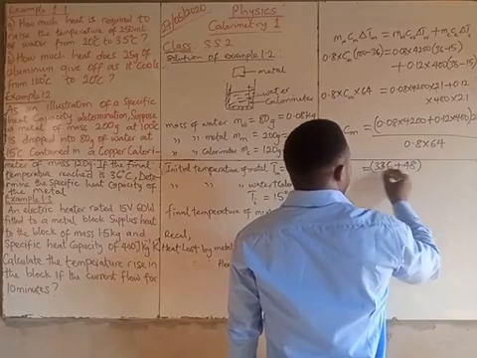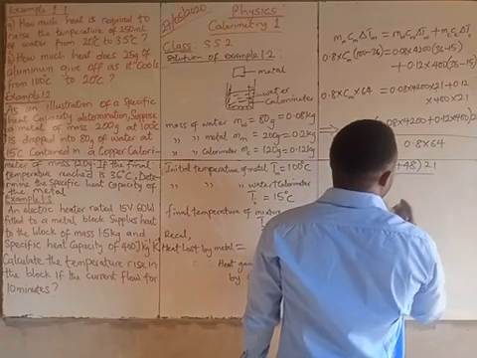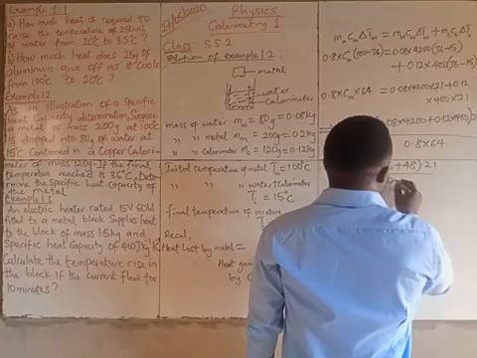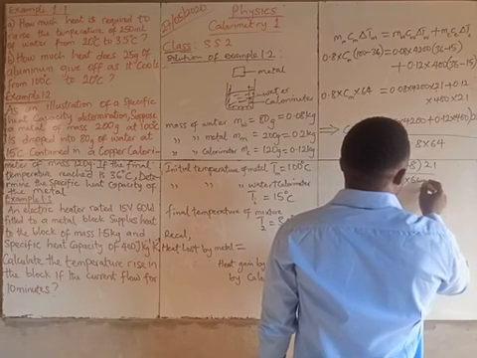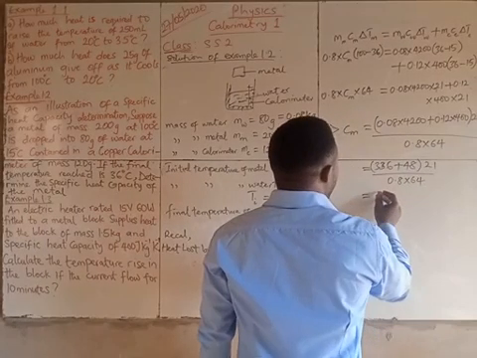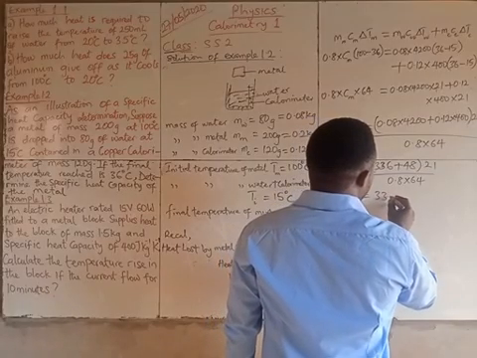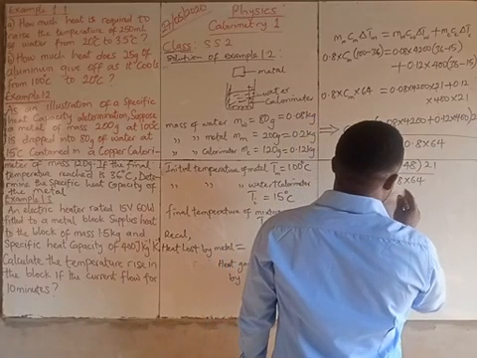So we have 336 plus 48, all into brackets 21, all over 0.8 times 64, and this will finally give us 336. Let's do that.